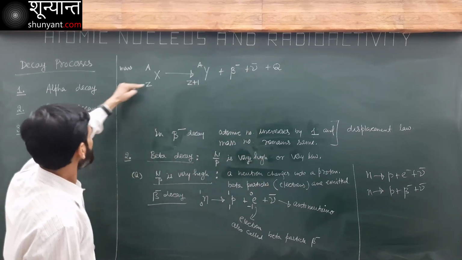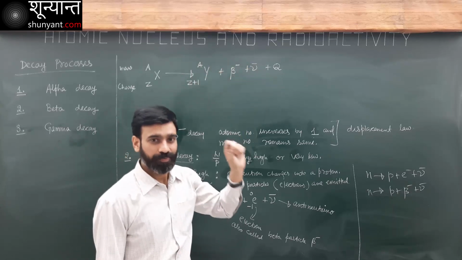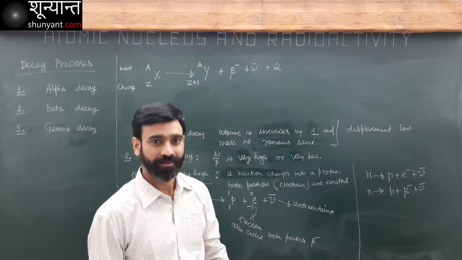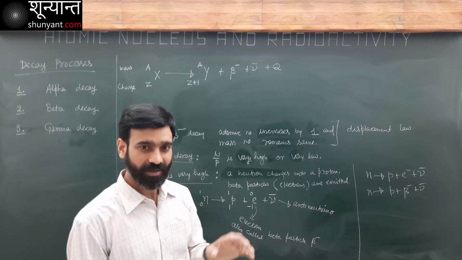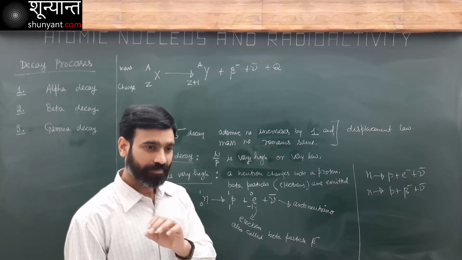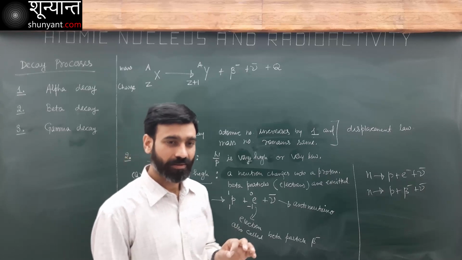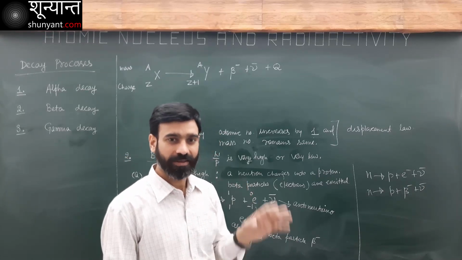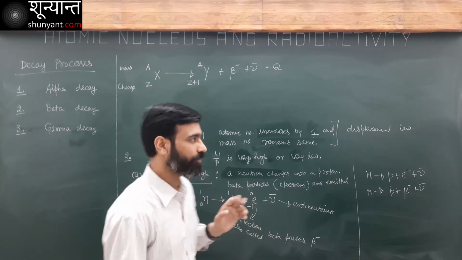If you look at the charge and mass balance, what do you expect the charge and mass of this antineutrino to be? They are chargeless. Note down, they have no charge and they have either zero mass or very small mass, even smaller than the electron. Antineutrino. Note it down.